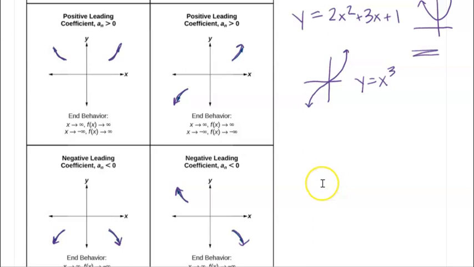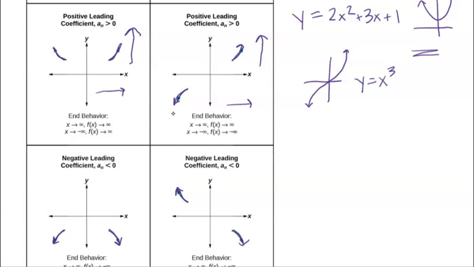Now there is some notation for end behavior that we can look at with this like arrow notation. What this says is as x goes to infinity, your function values also go to infinity. Whereas if we look at this graph over here, as x goes to infinity, the values also go to infinity. Like that makes sense with the graphs.